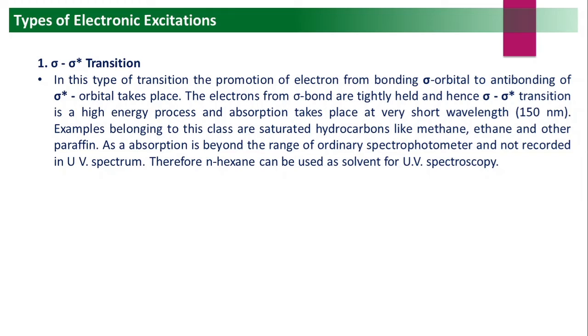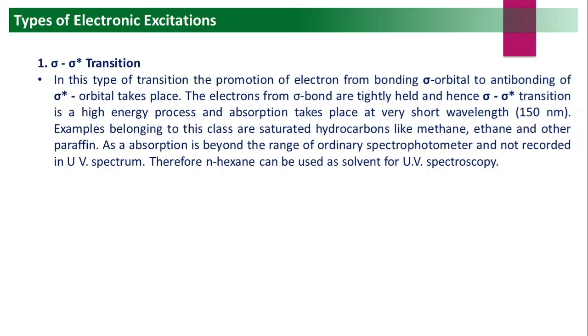Examples belonging to this class are saturated hydrocarbons like methane, ethane, propane and other paraffins. As the absorption is beyond the range of an ordinary spectrophotometer, it is not recorded by the UV visible spectrum. Therefore, n-hexane can be used as a solvent for UV visible spectroscopy.